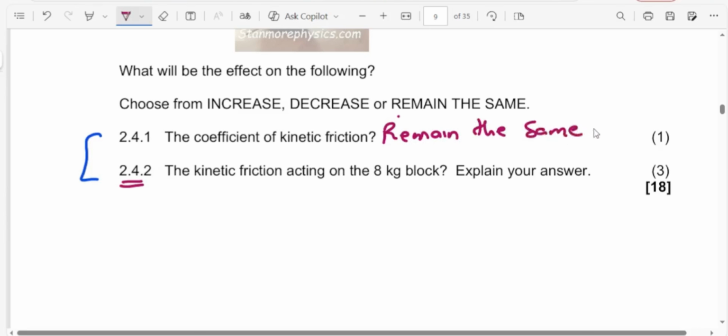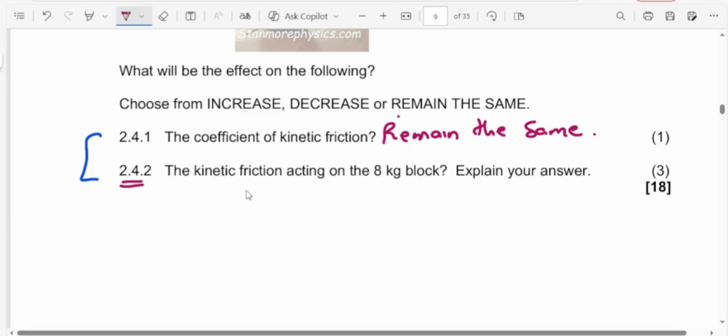So the one that I want to go into more detail about is this one here, the 4.2.2. I'm going to show you guys why I'm saying that we need to go into more detail. So now, there's something that I need you guys to note. The kinetic friction acting on the 8 kg block.